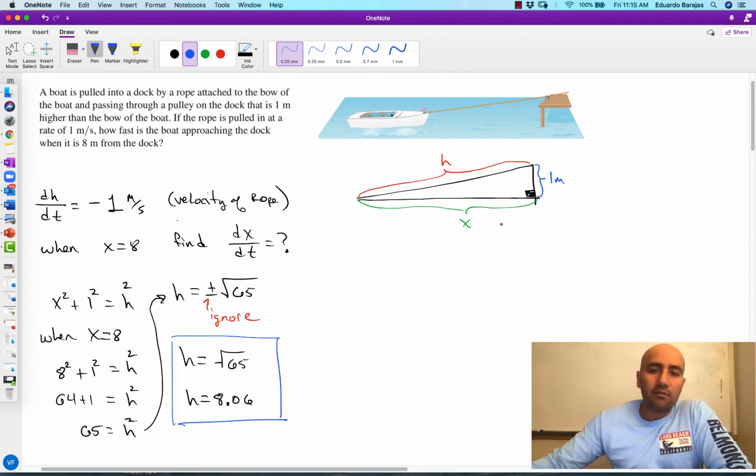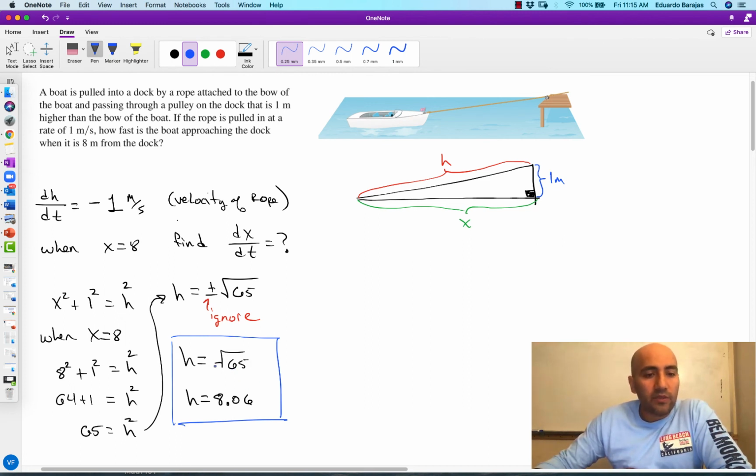Okay, so we've established that when x is 8, when the boat is 8 meters away from the dock, the length of the rope is a little bit more than 8, approximately 8.06-ish, but we can just leave it as root 65 to get an exact answer.